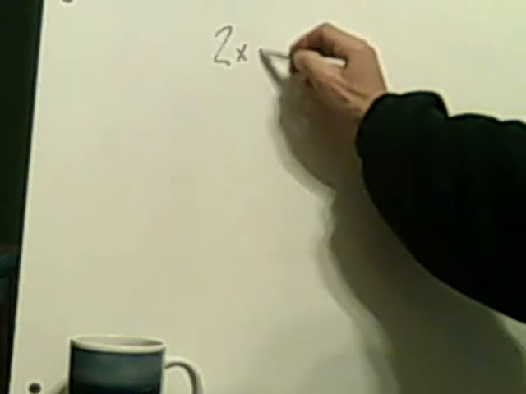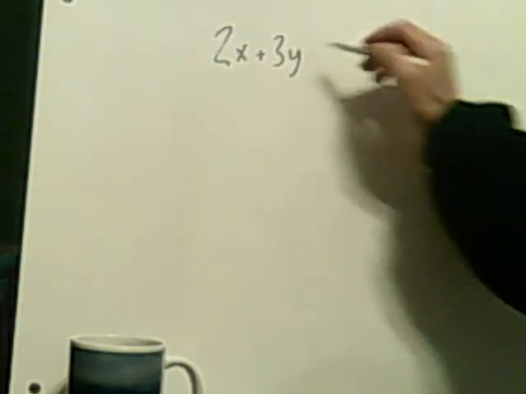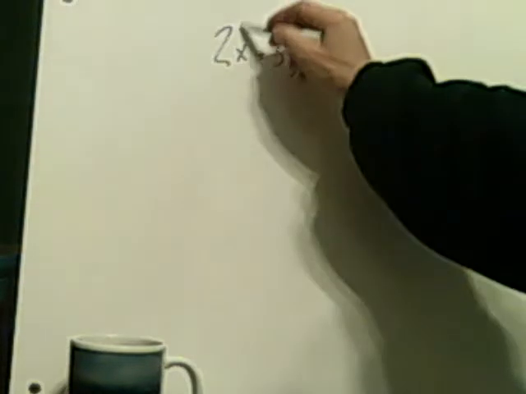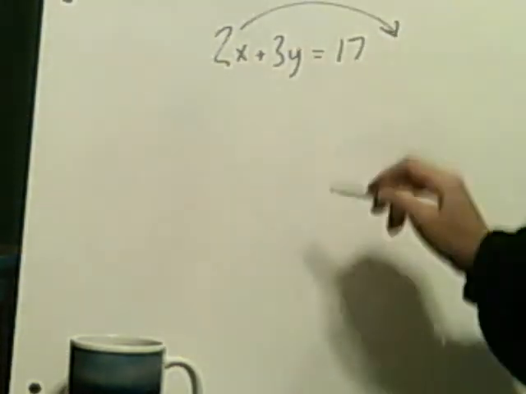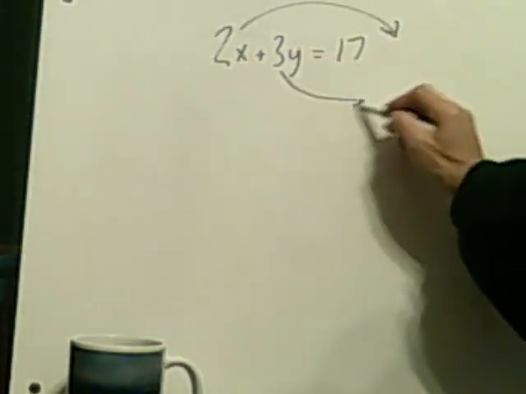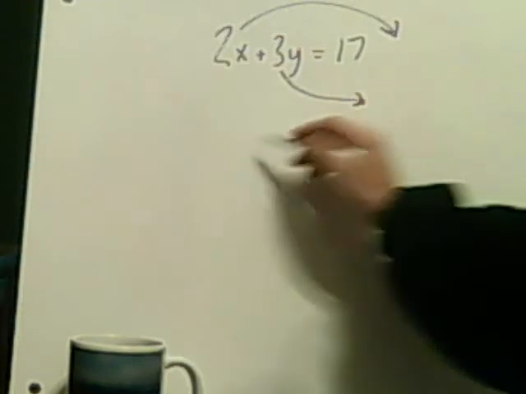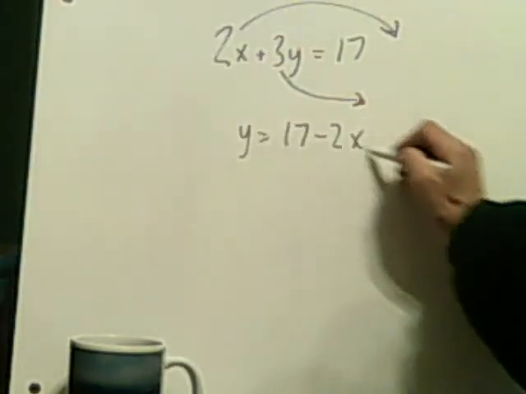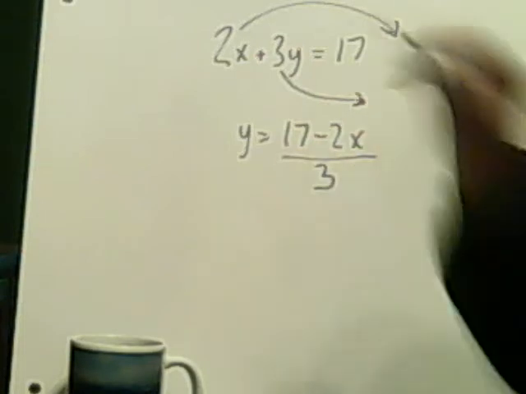This one it says 2x plus 3y is equal to 17. Solve for y. So we're going to move the 2x to the other side, and then we're going to move the 3 down into the denominator. We're going to have y is equal to 17 minus 2x, and then we're going to divide by 3.